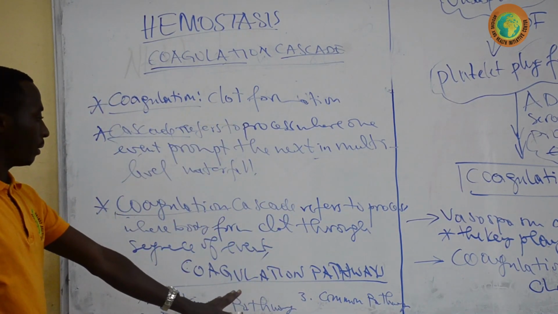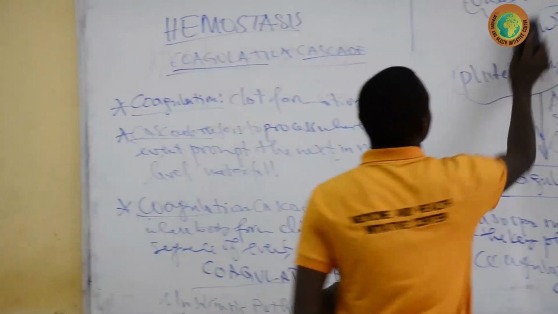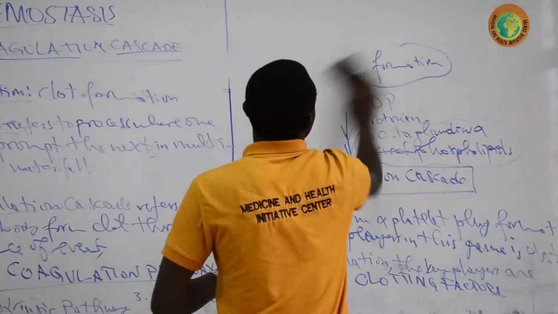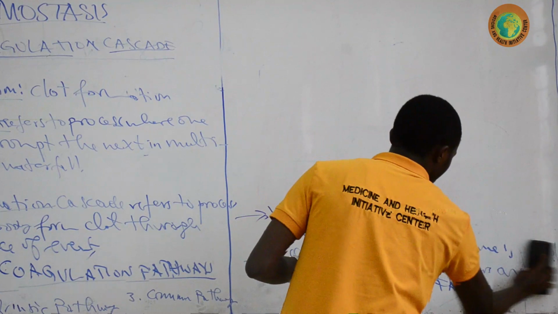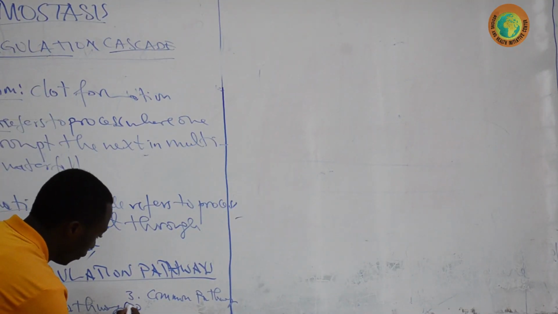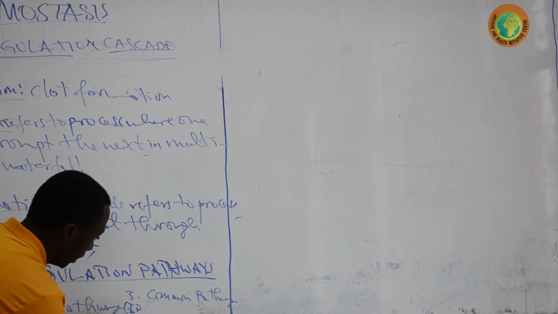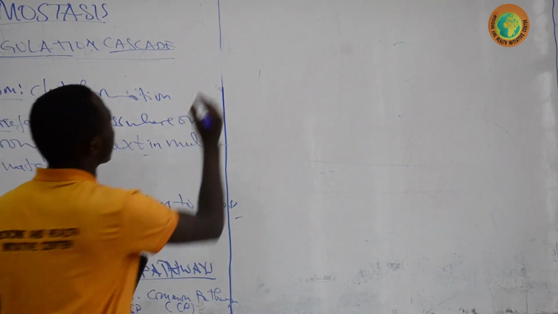These are the three pathways of the coagulation cascade: intrinsic pathway, extrinsic pathway, common pathway.